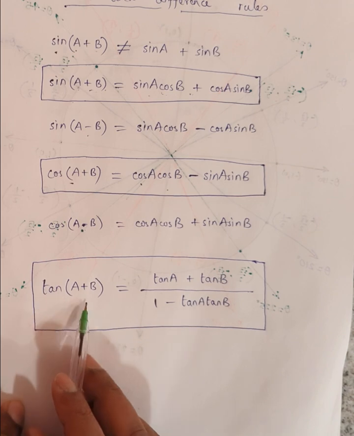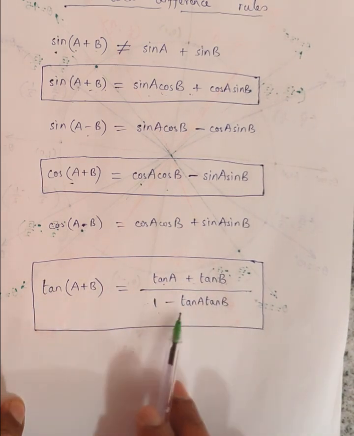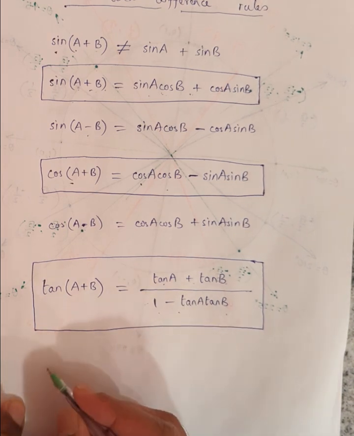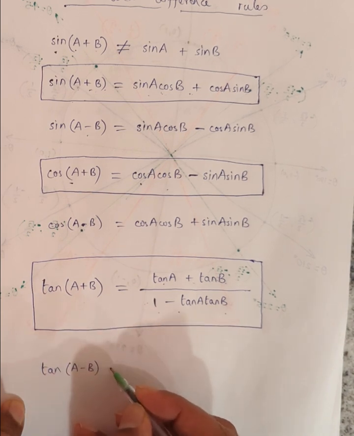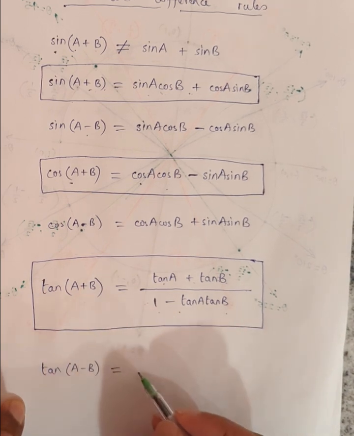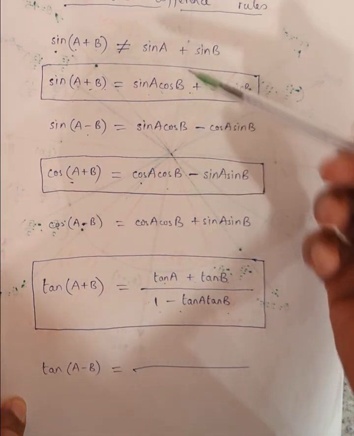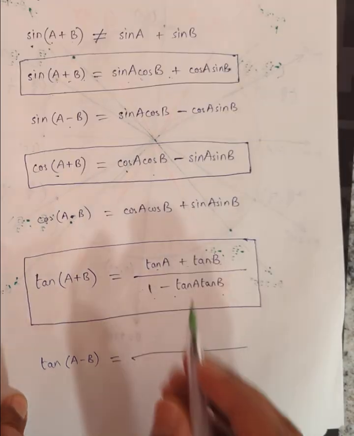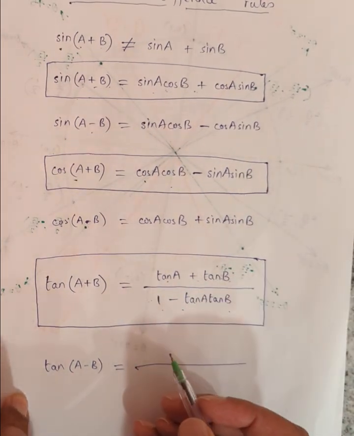So now, tan of A plus B is tan A plus tan B divided by 1 minus tan A tan B. Now, if I know tan of A plus B, then tan of A minus B is again going to be very much like tan of A plus B, and just like in previous formulas, the pluses will change to minus and minus will change to plus.